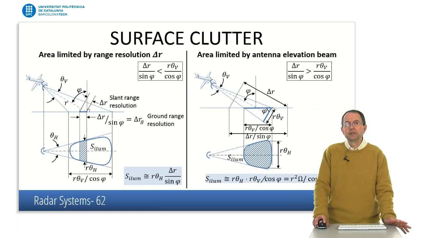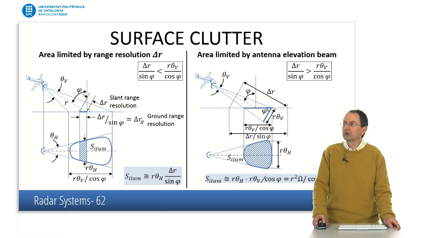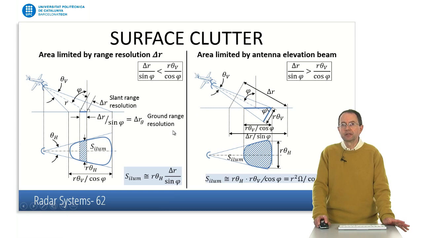Okay, to be precise, the surface clutter area observed by the radar depends on the resolution and the beam characteristics of the antenna. So in this slide we can distinguish two cases: the range limited illumination surface, or the beam limited illumination surface. On the left side, we are talking about a high range resolution radar.